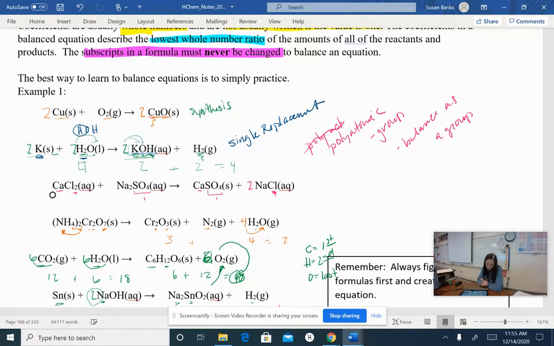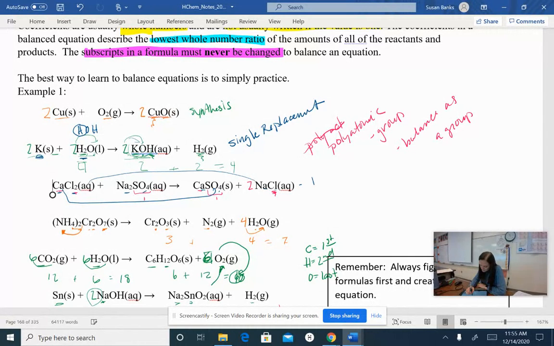Okay, so I want you to go through the rest of these and see if you can see the patterns here, and come back and check in a minute. You ready to check? Okay, calcium is with chlorine here, but calcium's with sulfate over here. Sodium's with sulfate. So isn't calcium just switching? Aren't they all just switching? Sodium's with chlorine.